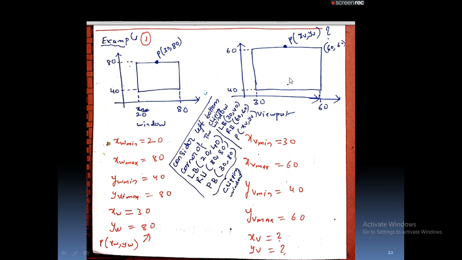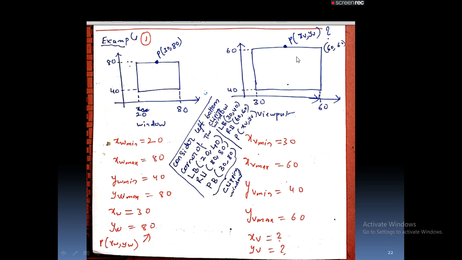Now what we need to determine here, you may get clarity on the previous derivation with respect to this problem. Everything is given, including the point on the clipping window. Our aim is to determine the corresponding position of the point P on the viewport.